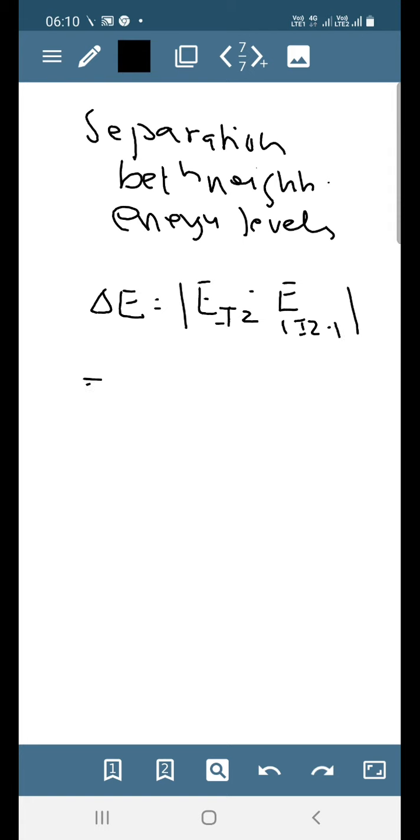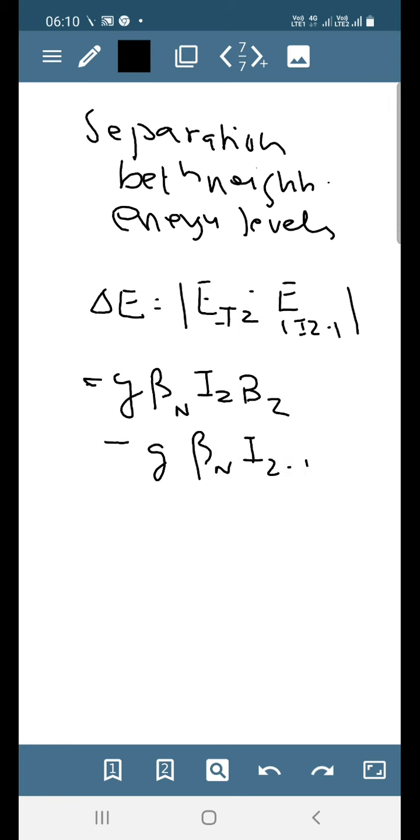The first one is G beta N Iz Bz minus G beta N (Iz minus 1) Bz.